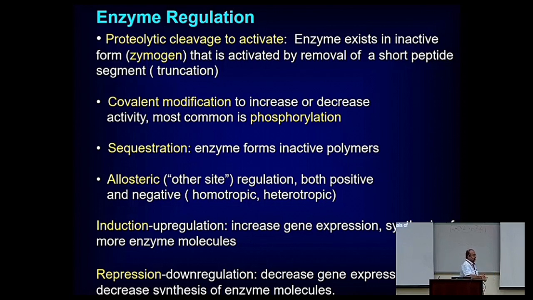Then the messenger RNA is going to be translated into protein. The protein is going to be synthesized in the ER and it's going to be modified. So all of those steps take more time. So these last two usually are the slowest, meaning they can take several hours, in some cases days.